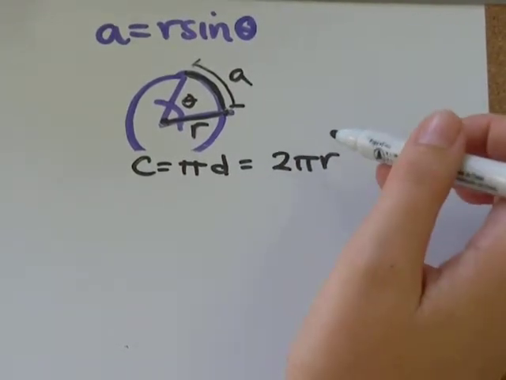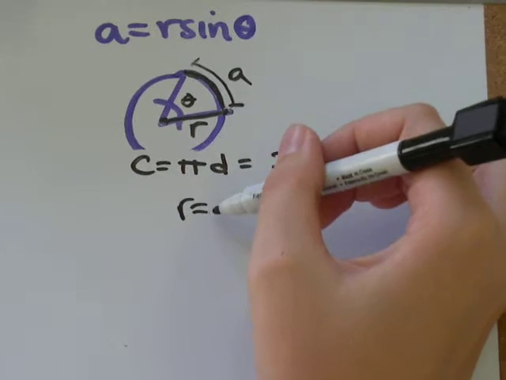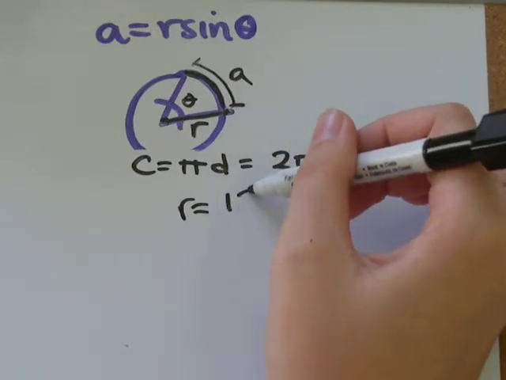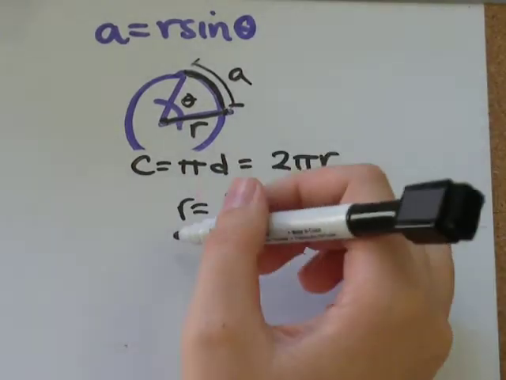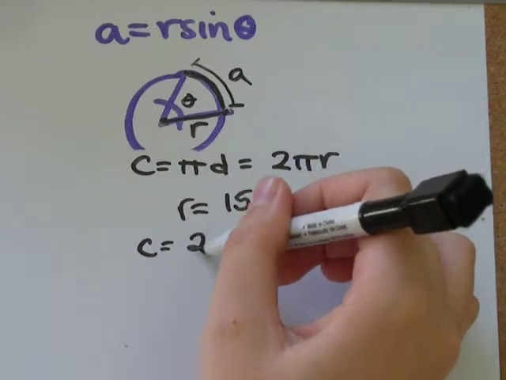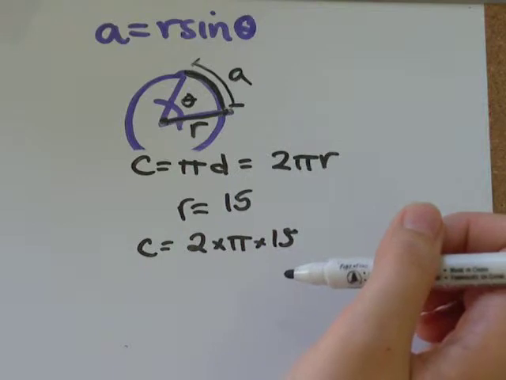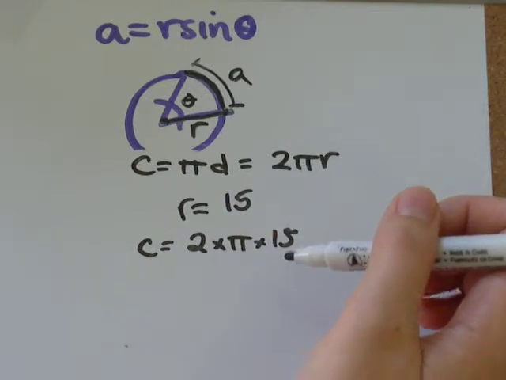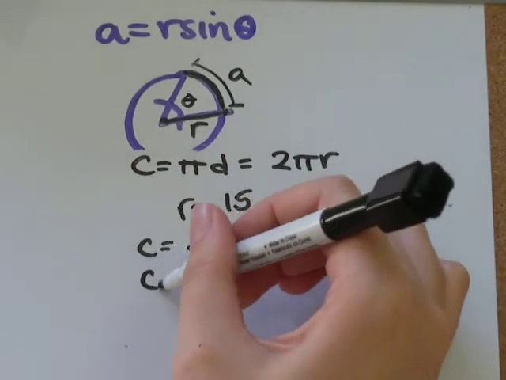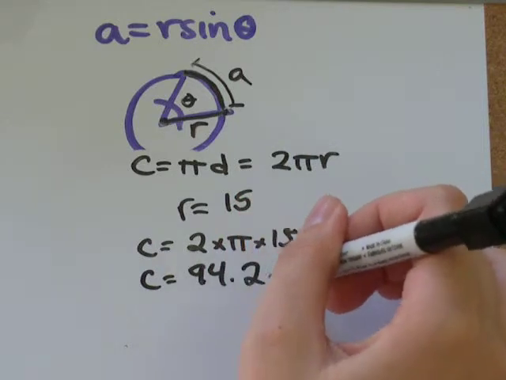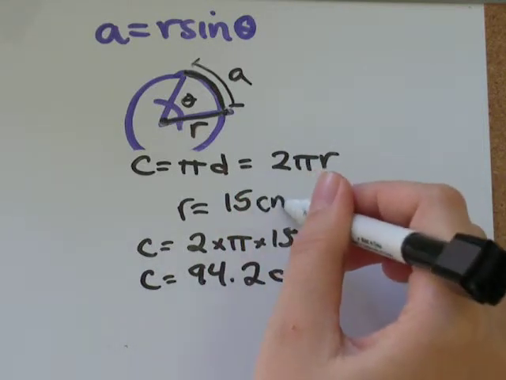And we can think, if let's say we had a radius of 15, the circumference would be 2 times pi times 15. 2 times pi times 15 would be 94.2, let's say it was centimeters.